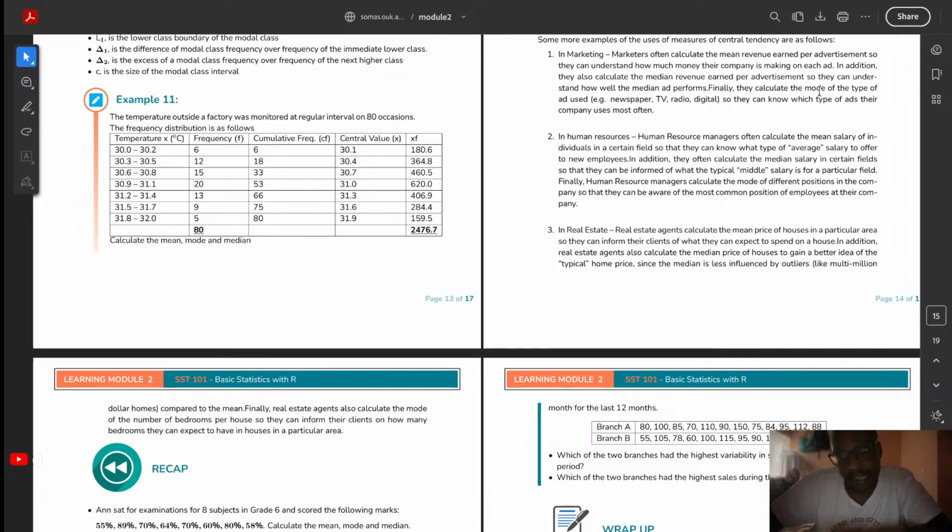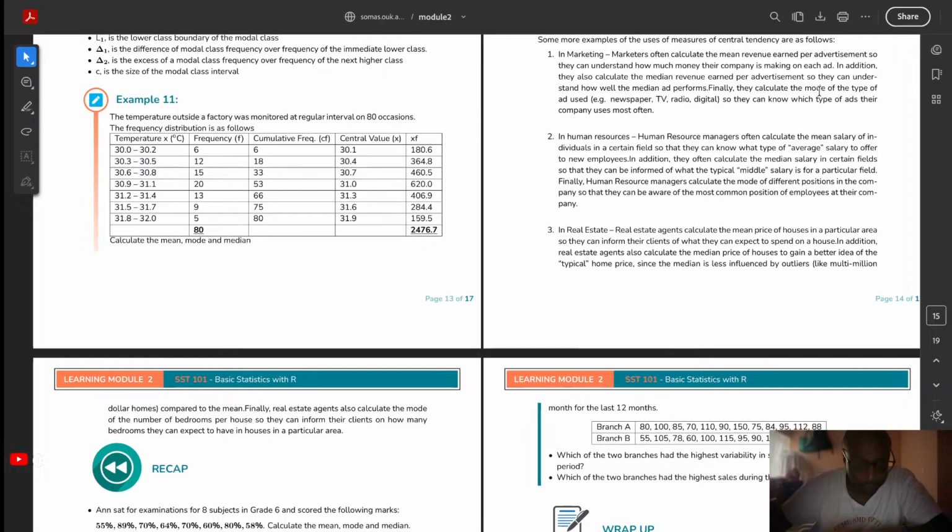Real estate agents calculate the mean price of houses in a particular area so they can inform their clients of what they can expect to spend on a house. In addition, real estate agents also calculate the median price of a house to gain a better idea of a typical home price, since the median is less influenced by outliers like multi-million-dollar homes compared to the mean.